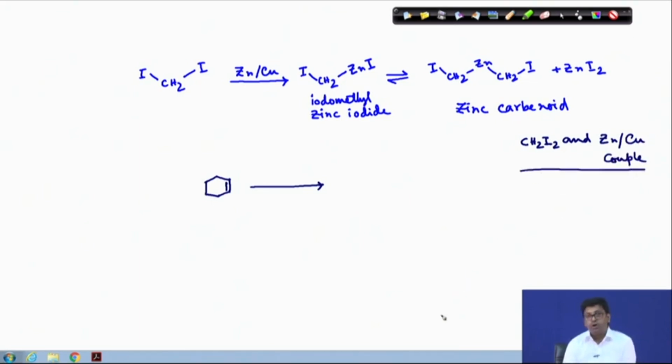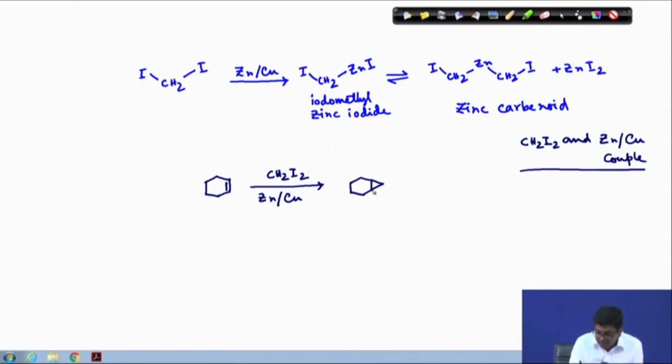Okay. So, this is called the Simmons-Smith reagent. Now if we use that one, what will we get?